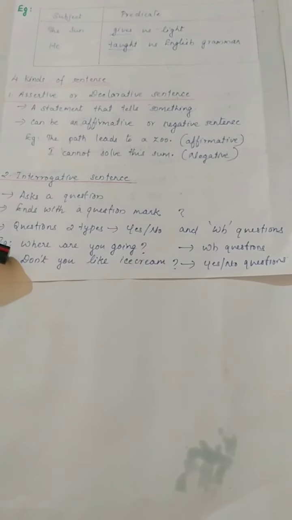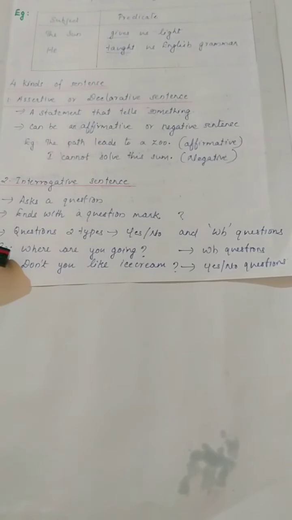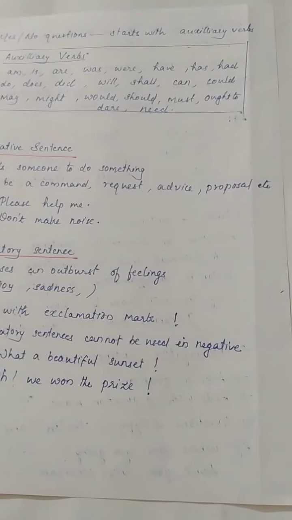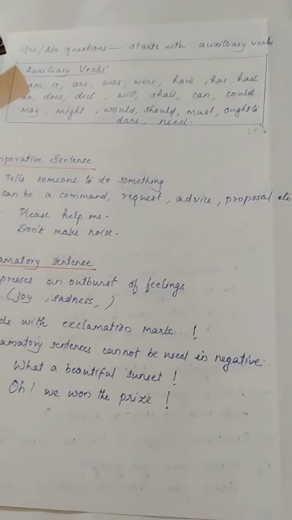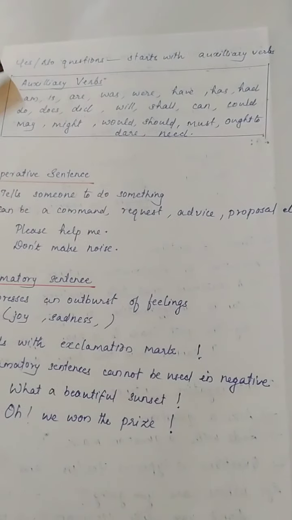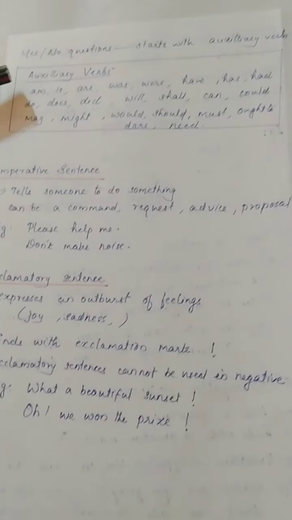And this is one example of a yes or no question. Don't you like ice cream? That's a yes or no question. How can we make yes or no questions? Yes or no questions start with auxiliary verbs. Now, do you know what auxiliary verbs are?